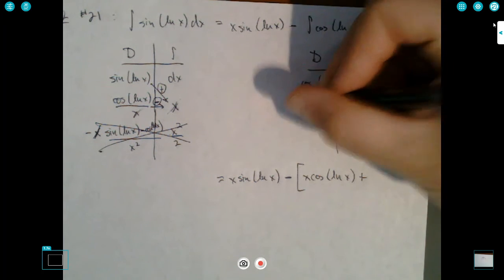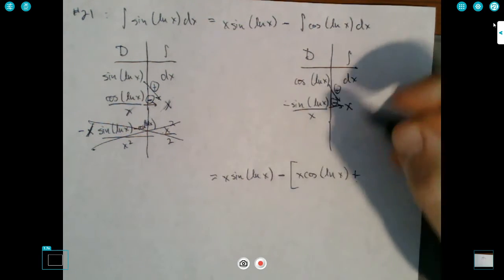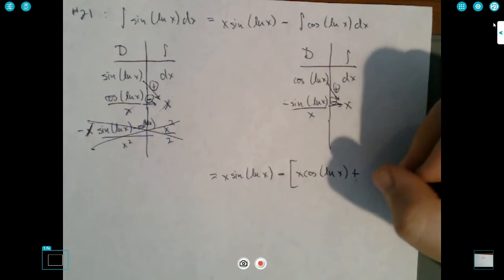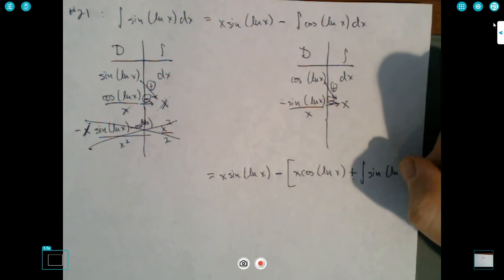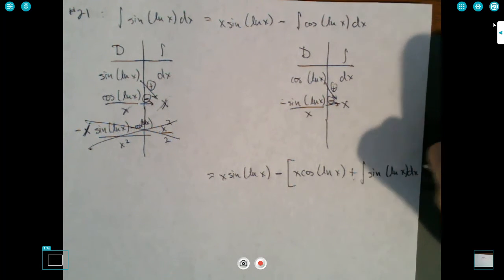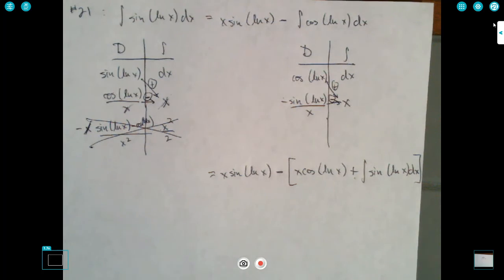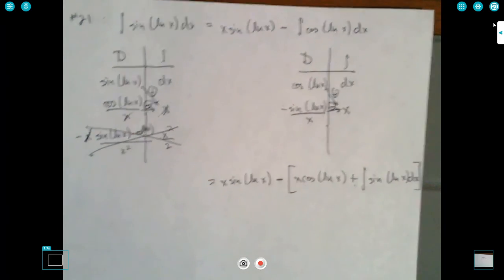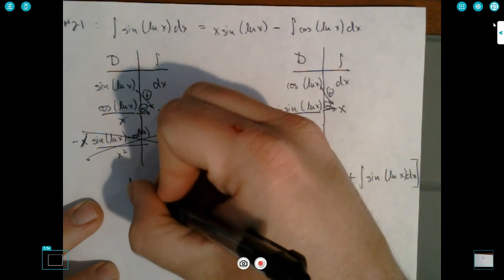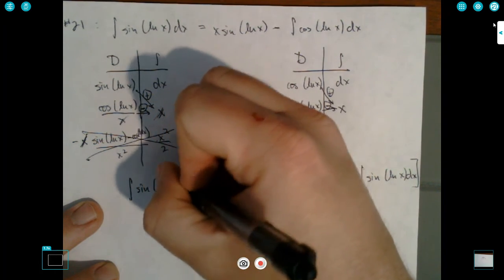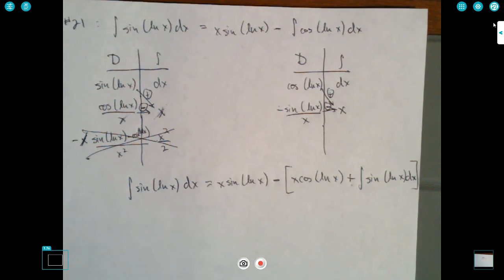This minus and that minus cancel and give me a positive. The x's will cancel, and I've got the integral of sine of ln of x dx. Now, what is this equal to? Well, this is equal to the integral of sine of ln of x dx.